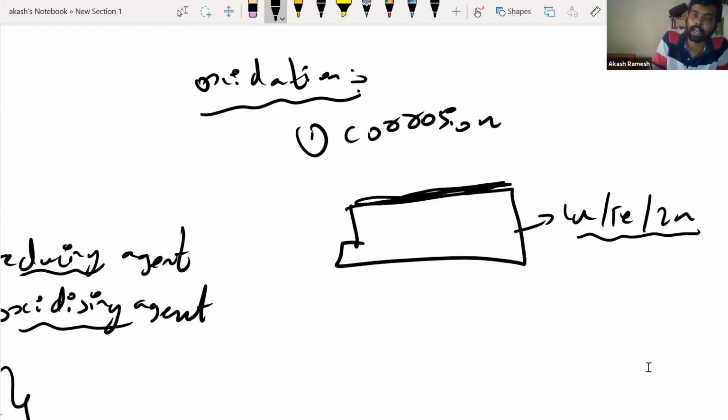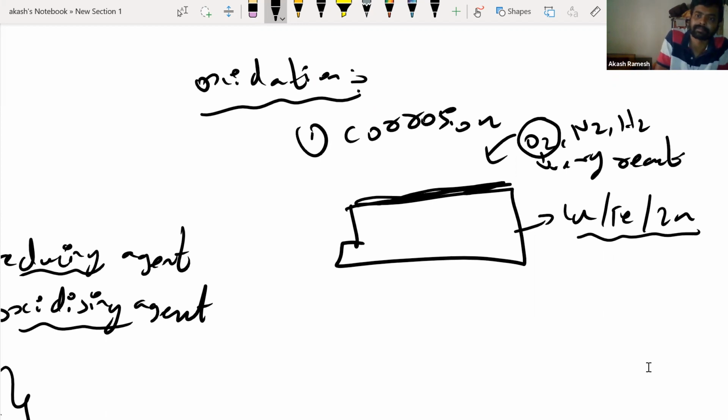Obviously, the atmosphere will have some gases. Say oxygen will be there, and nitrogen, hydrogen, so many gases. Out of that, oxygen alone is very reactive. So what is going to happen?